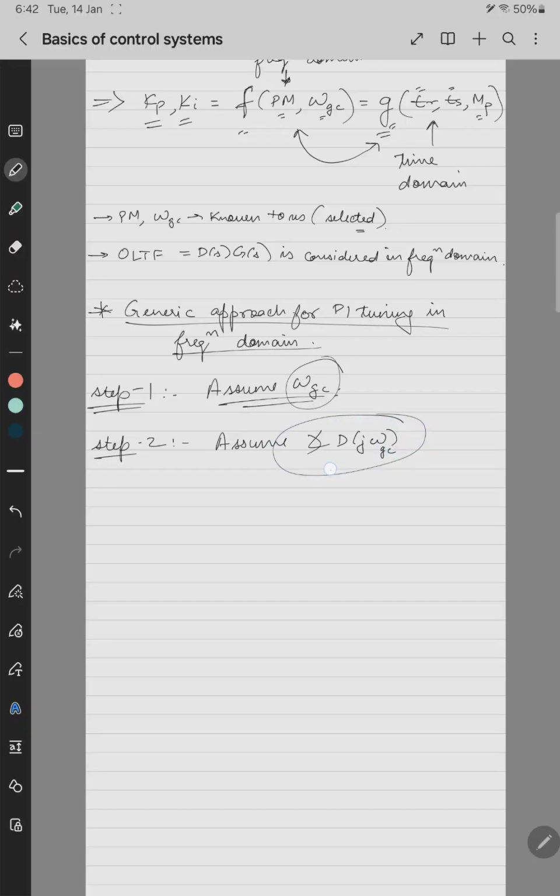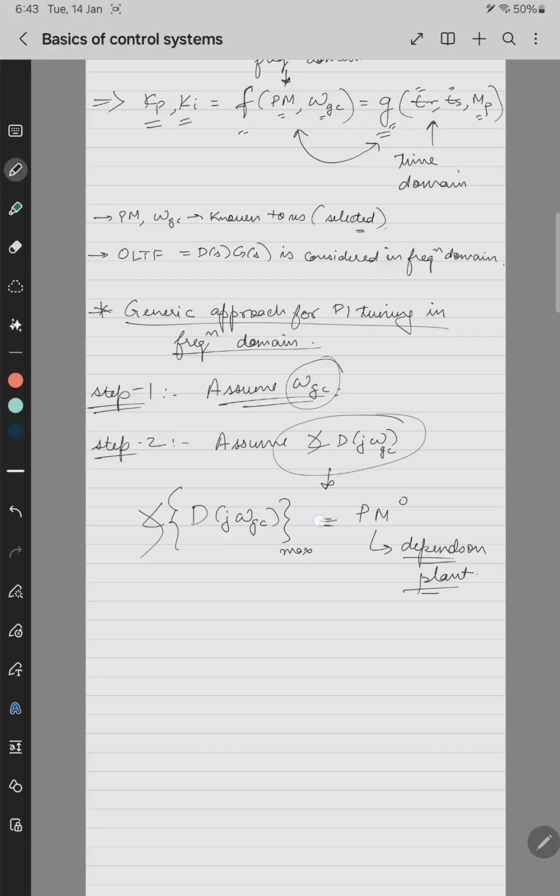Assume this. You know that the maximum value of angle of G at j omega GC is the phase margin, which depends on the plant. So you can't assume the angle of T at j omega GC more than the phase margin.